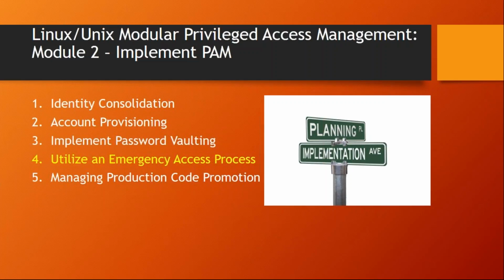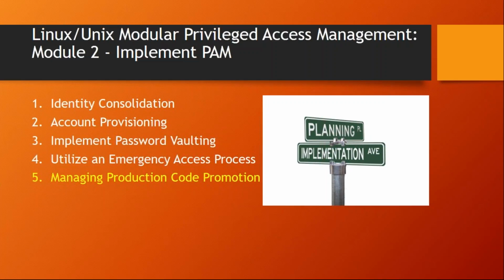Okay? And manage your production code also. Let me start with production promotion. That's the process of moving changes to an application or software into an operational environment, and that's often the source of unrealized privileged access to applications. People don't realize that.